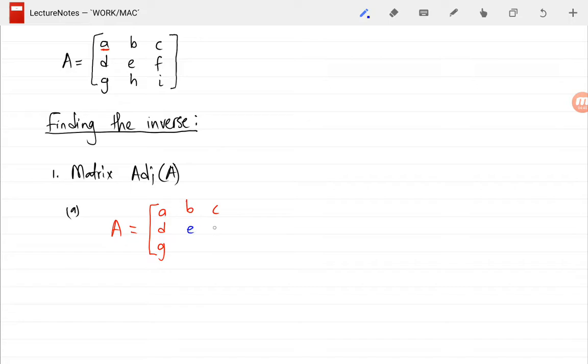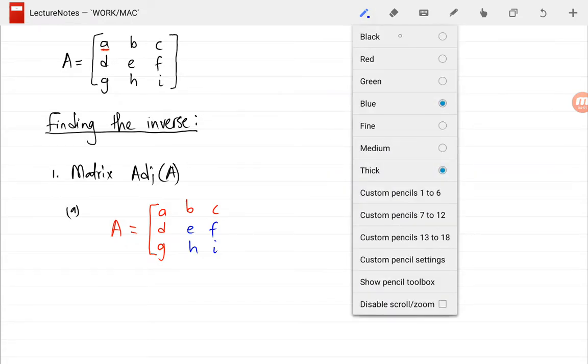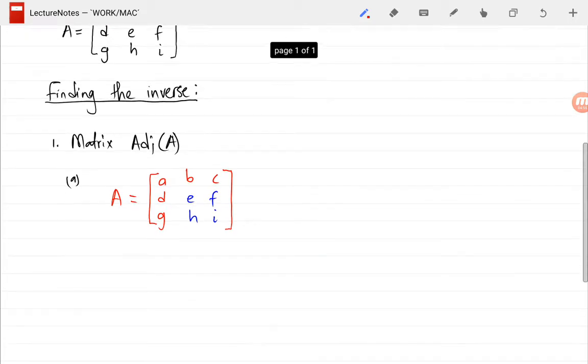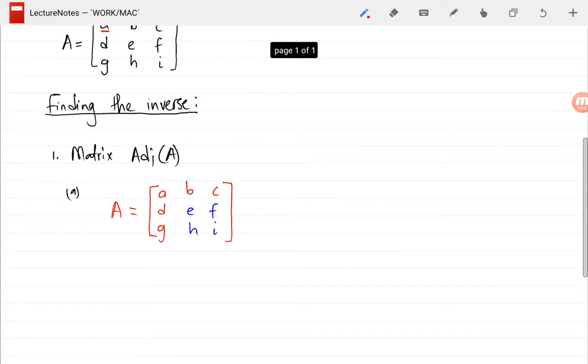I'm going to have E, F, H, I, and this is going to be red again, just for the closing bracket. I think I should have used another color, but it's fine. Okay, so if we want to find the cofactor of A here, then we're going to have to sort of block out.